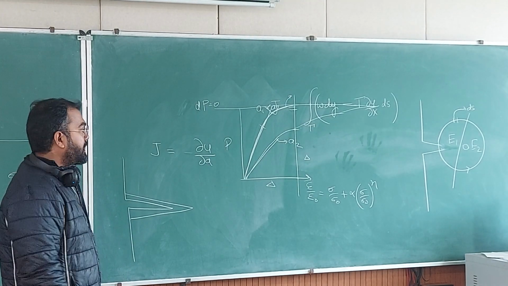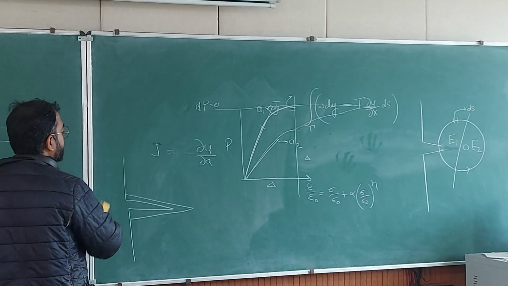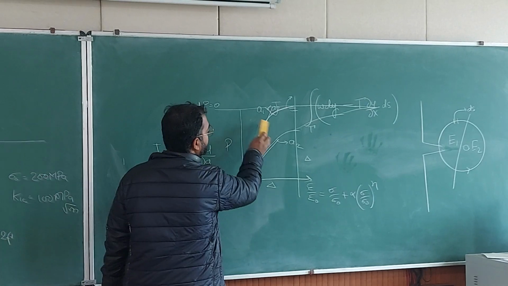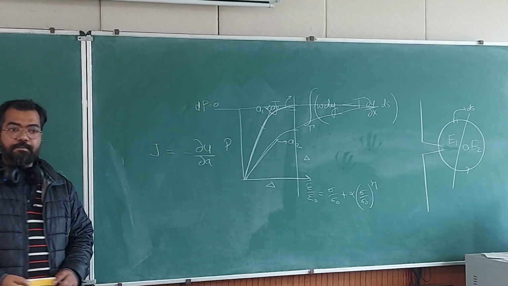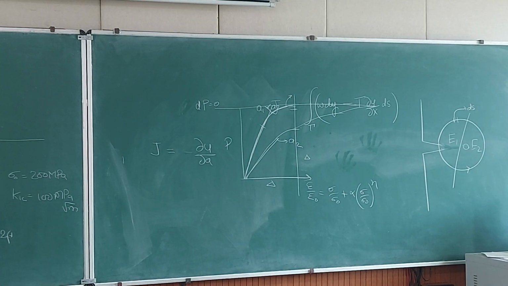And how can we calculate the value of energy which has been released when the crack has grown from A1 to A2? How can we calculate how much energy is released when a crack has grown from A1 to A2?